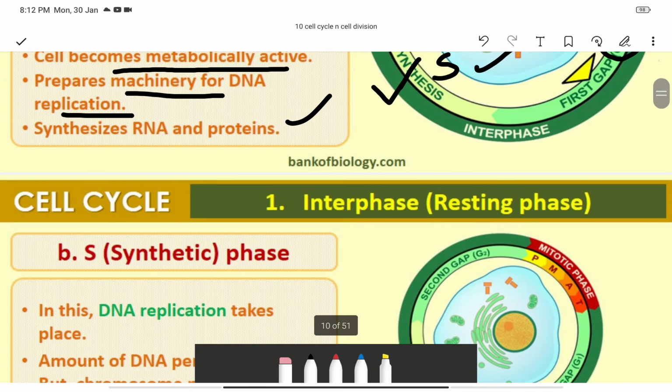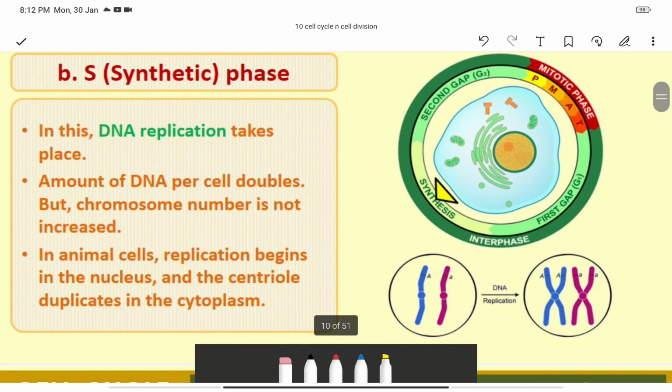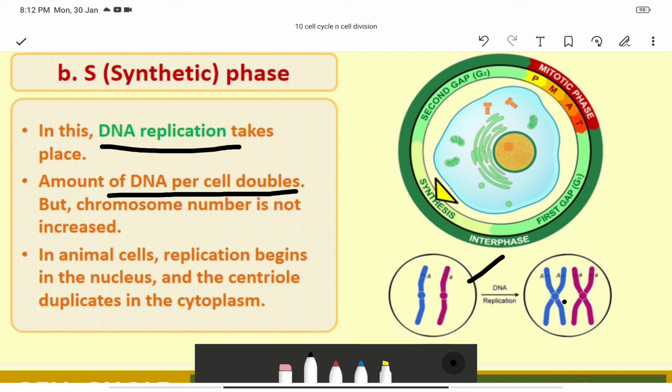Now we'll look into the S phase, the synthesis phase. In this phase, DNA replication takes place. It's very important. See here, the chromosome, capital A and small a, will form two sister chromatids, and the amount of DNA per cell will double in the synthesis phase.